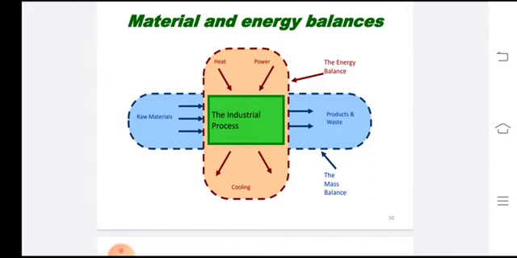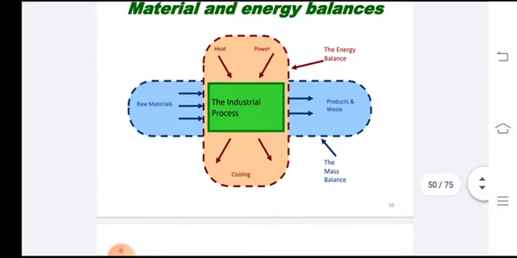So there are so many processes going on in the industry, and everything must have a recycling system within itself. And then in the end we will be getting the products, and then the waste. All these things will be obtained as an output. So we must quantify everything.